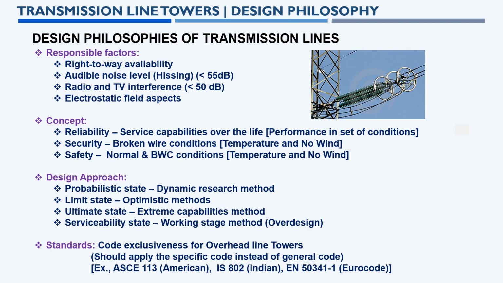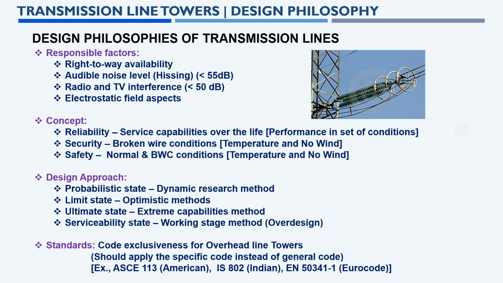Similarly, radio and TV interference also we need to check. In order to avoid the interference, the transmission line should have less than 50 decibel. Likewise, electrostatic field aspects like ground clearance and face-to-face clearance. So all these responsible factors we need to consider while going for a transmission line tower. That is for power distribution purposes.